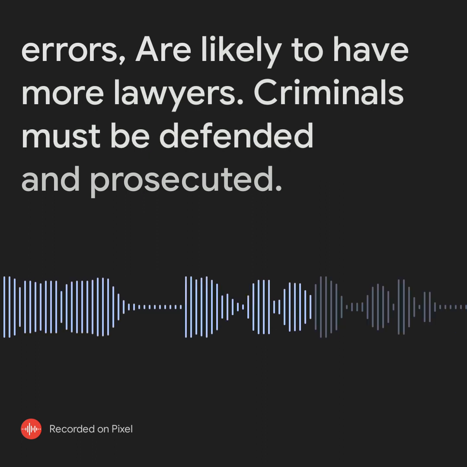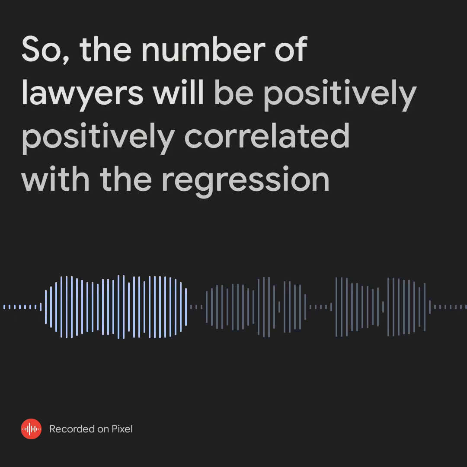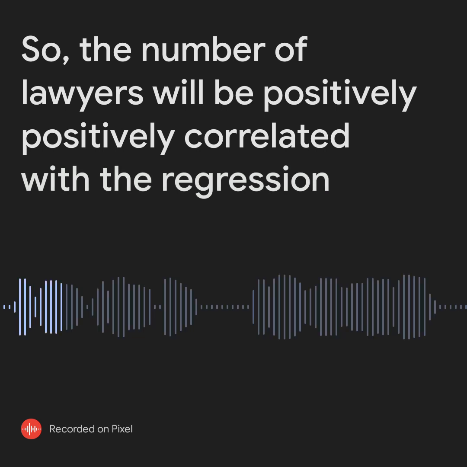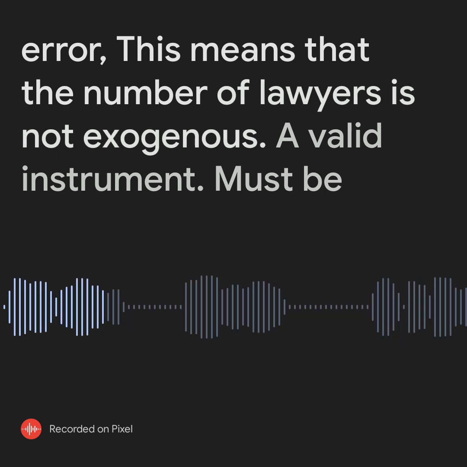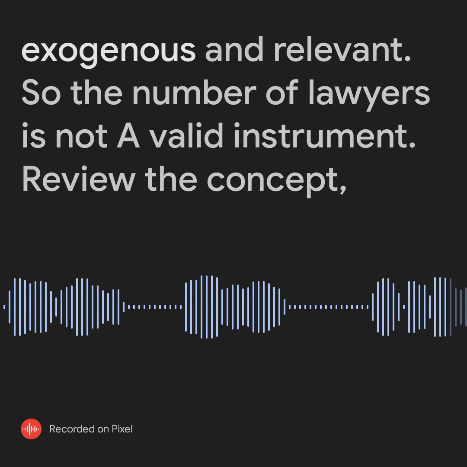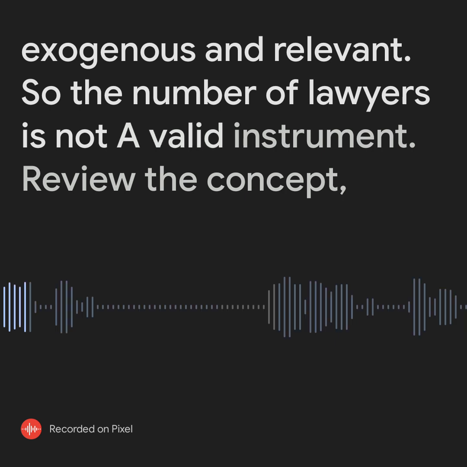Criminals must be defended and prosecuted, so the number of lawyers will be positively correlated with the regression error. This means that the number of lawyers is not exogenous. A valid instrument must be exogenous and relevant, so the number of lawyers is not a valid instrument.